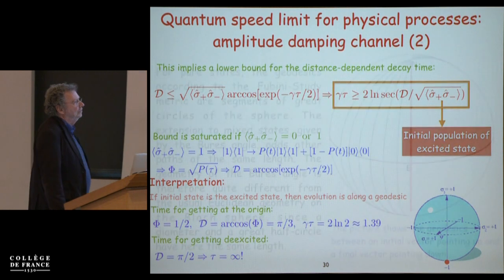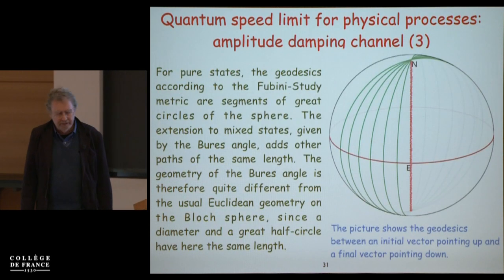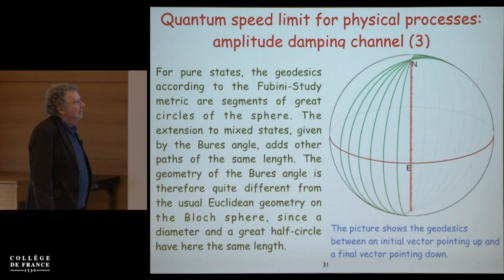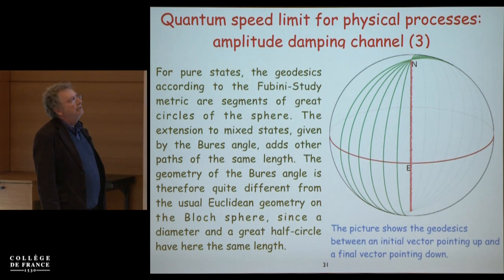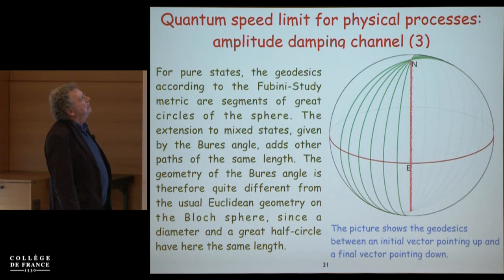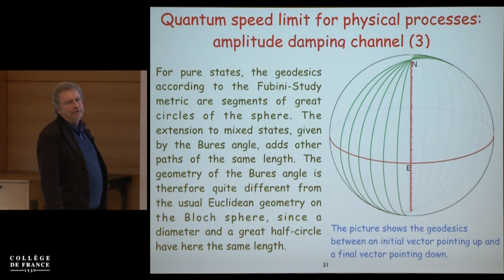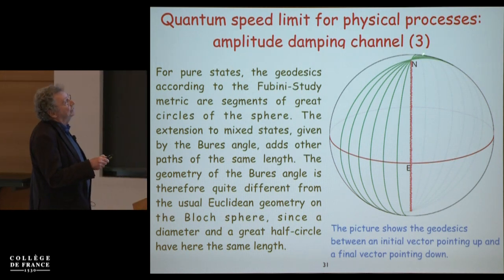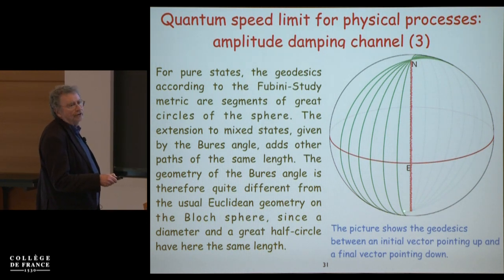Now, you should also remark that there is some important difference between this metric here and the Euclidean geometry on the Bloch sphere. We saw, as I have just mentioned, that this axis here is a geodesic for the time evolution of the system.